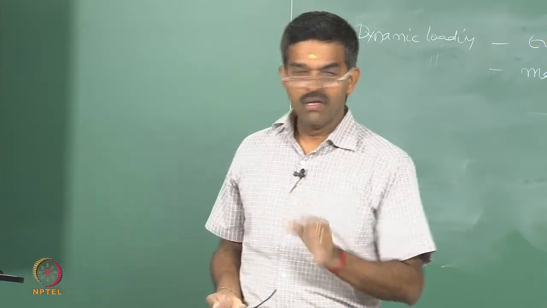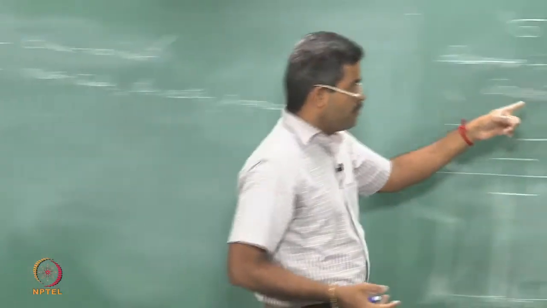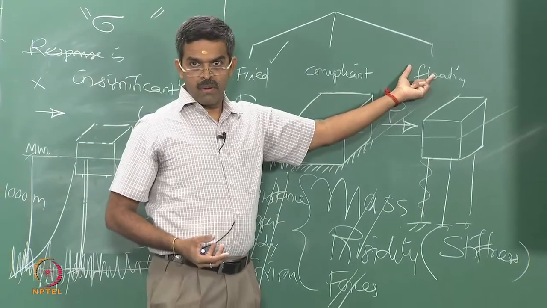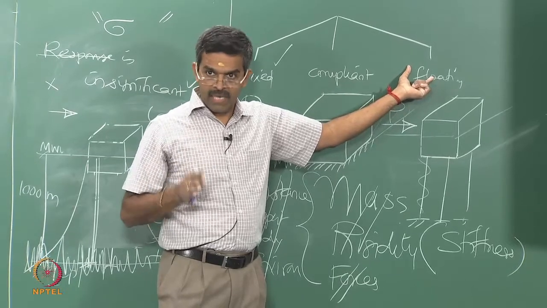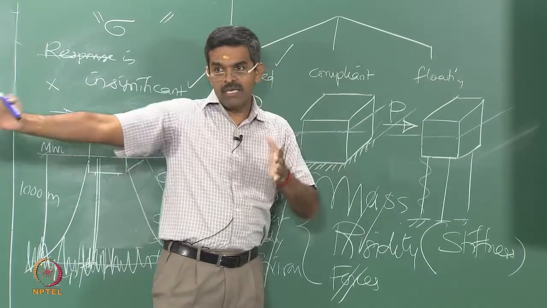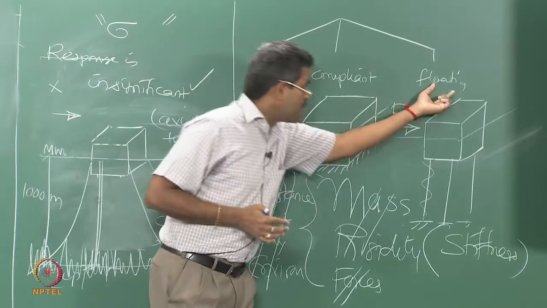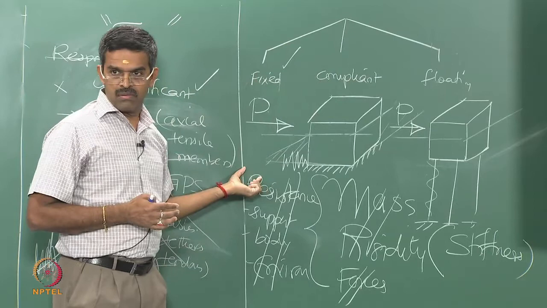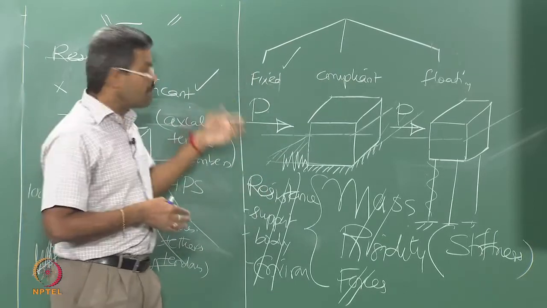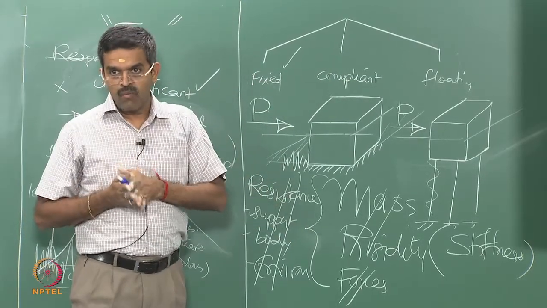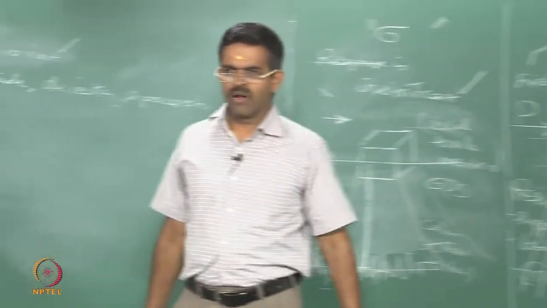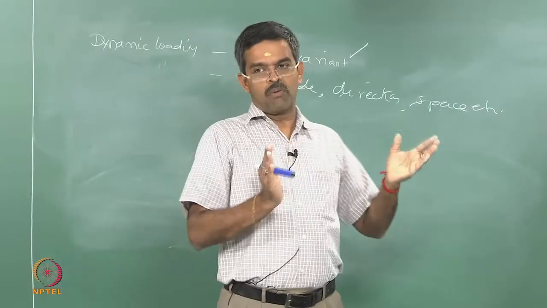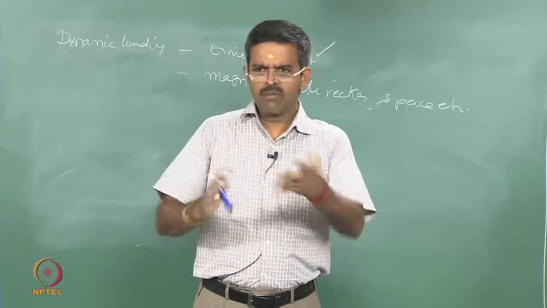You understand the point? If you look at these kinds of structures, as you move from a massive system to a floating system, mass has been compromised, but motion has been enlarged very high. Therefore, dynamic analysis becomes very important. It is because of this reason that dynamic analysis in offshore structures was not developed for about 20 years after platforms were constructed. People thought, I have a rigid bottom supported system, I do not have to bother about dynamic analysis.